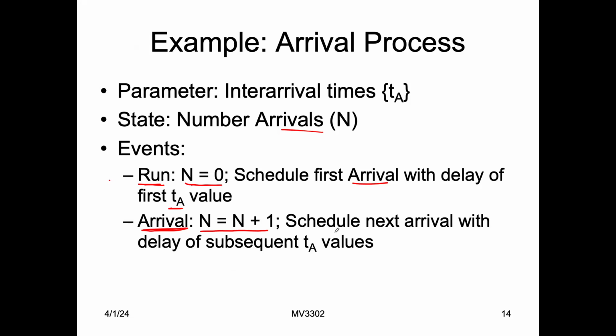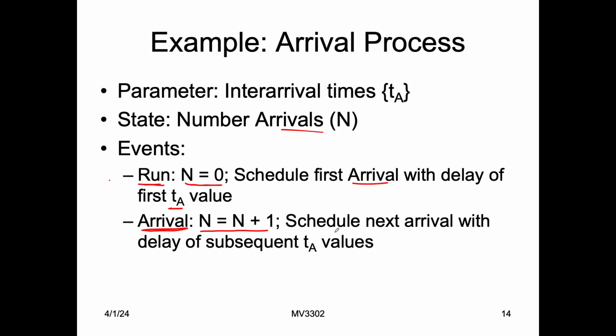So what's useful about this? Supposing we're in a model where we're going to have like 1 million arrivals, and they're going to come one after the other. What we could have done is put all of them on the event list at once.